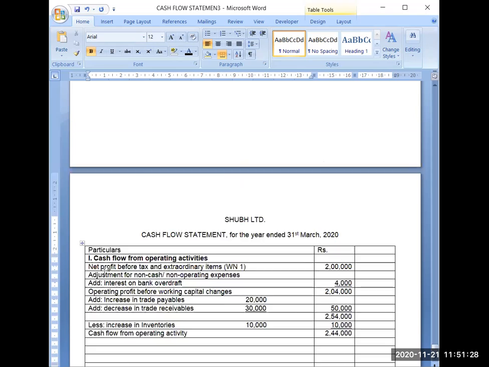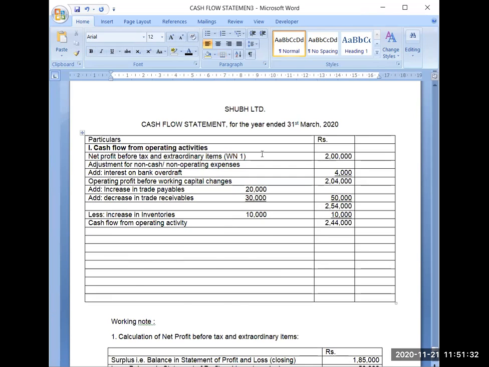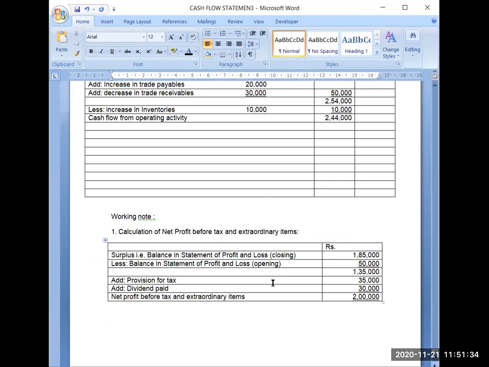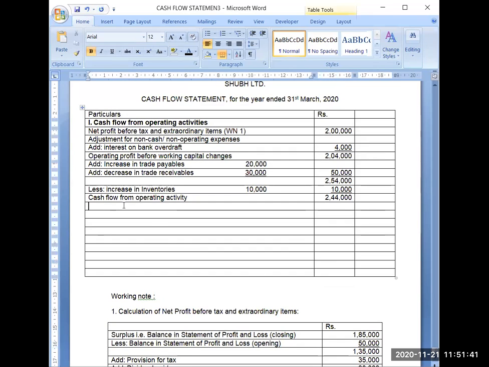Now we have to see whether tax paid information is given. Yes, because we have already added this tax paid here as provision for tax. Similarly, we will subtract it here as payment of tax, less tax paid, and it is also 35,000, because a single amount is given.